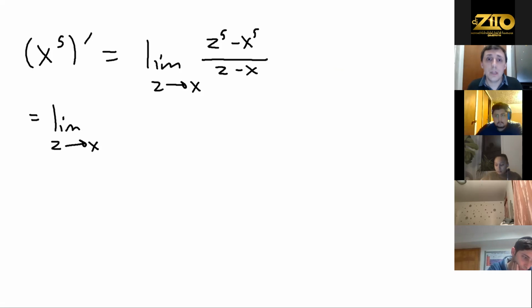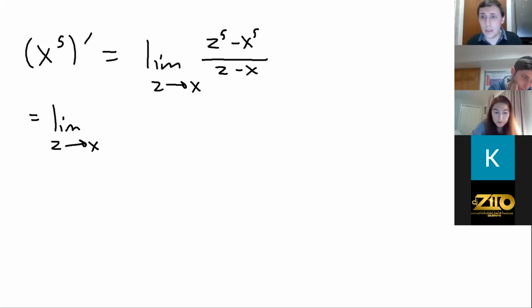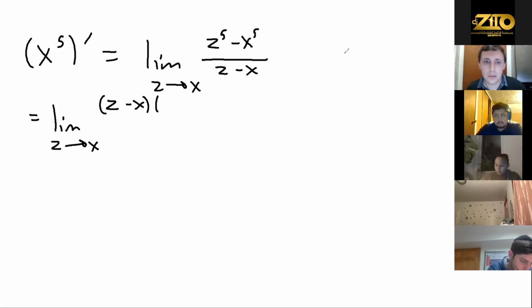No, I begin again, guys, and you can do it by long division. So it's z minus x. What do I write next? Next what? The full thing, or if you cannot do the full thing, what's the next term?